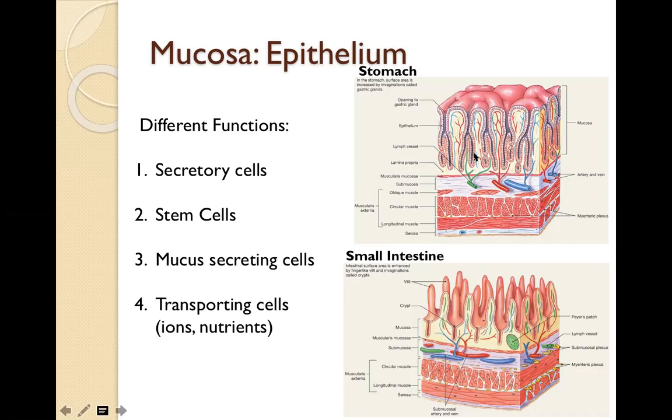As the older cells move up the gastric gland, they mature. There are many types of cells within the gastric gland, and as they mature, they turn into different types of cells that secrete different substances. By the end of this GI section, you're going to know the function of every single type of cell within the gastric glands.